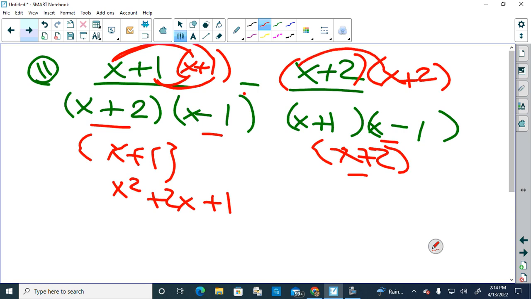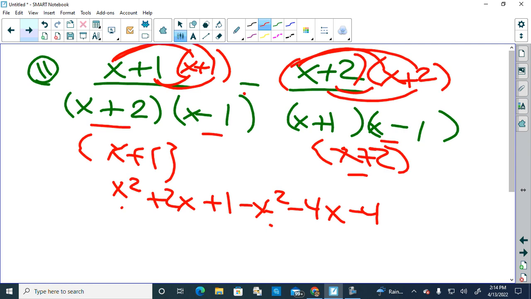So x times x would give me x squared, but it's not a positive x squared, it's going to be a negative x squared. This would give me 2x and 2x, that would give me a positive 4x, but I'm going to switch it to a negative 4x. And then a 2 times 2 would give me 4, but it's not a positive 4, so I'm going to switch to a negative 4. What happens to my squares?